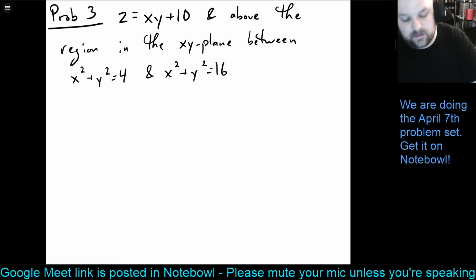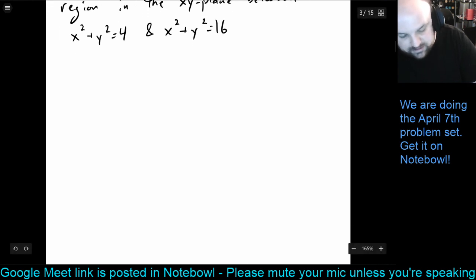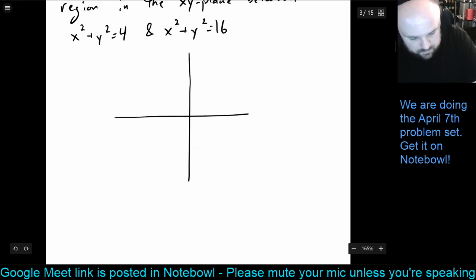So here we have some function. And let's look at the region we have here in the XY plane. So there's 4.